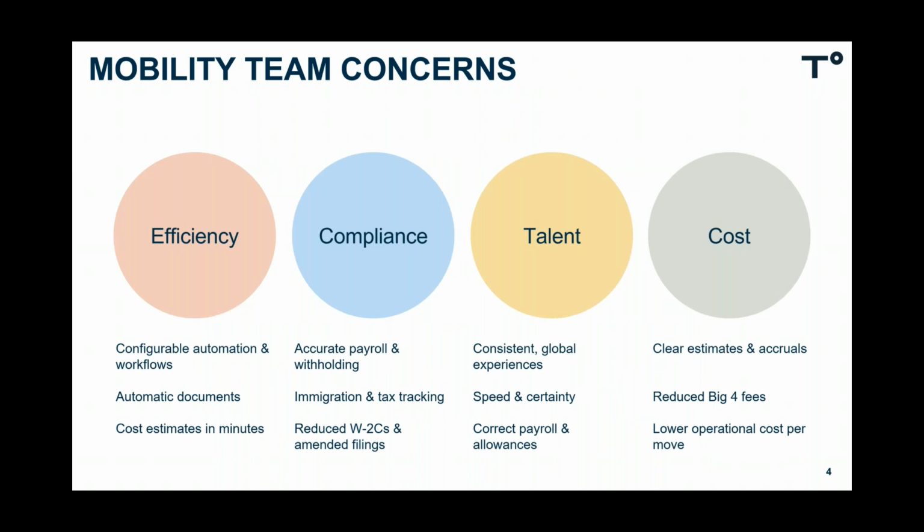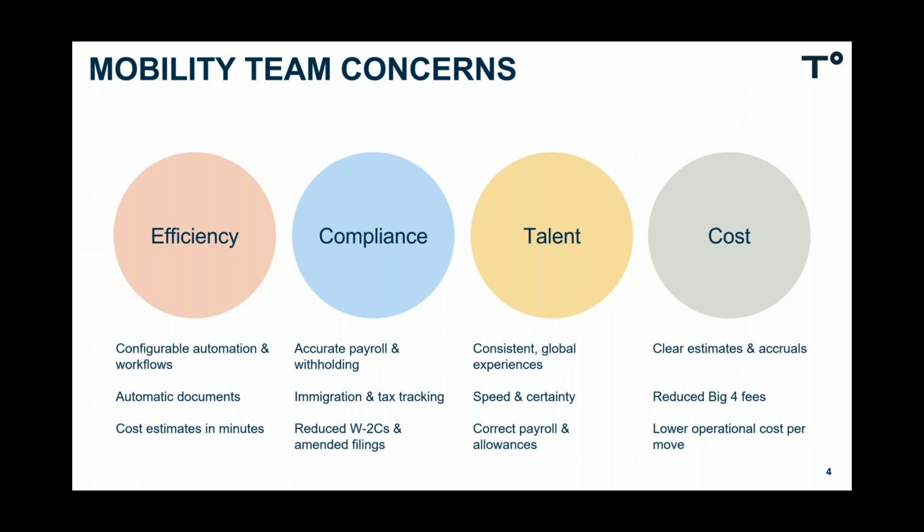When we talk to our customers, a lot of the customers bring out very similar concerns. They're around efficiency, compliance, talent, and cost. With efficiency, customers are looking for configurable automation and workflows. How can they leverage technology to help them manage and drive their business processes?